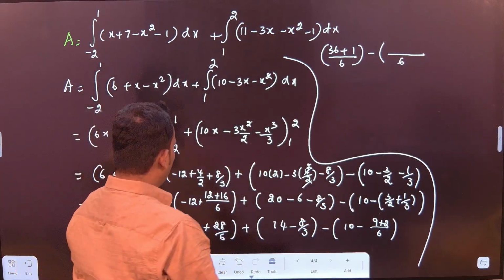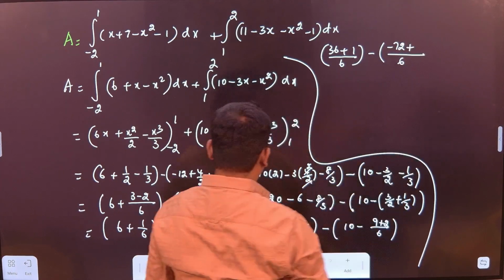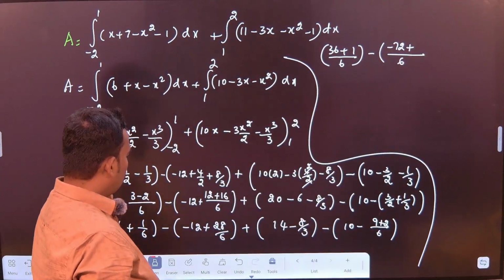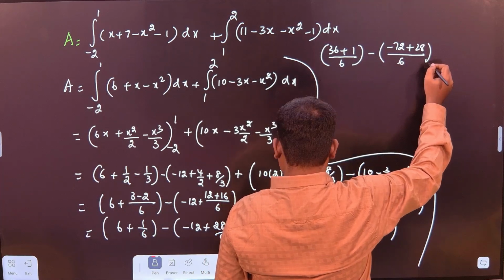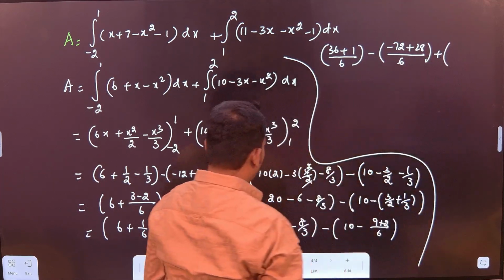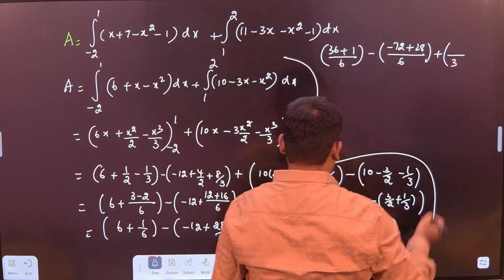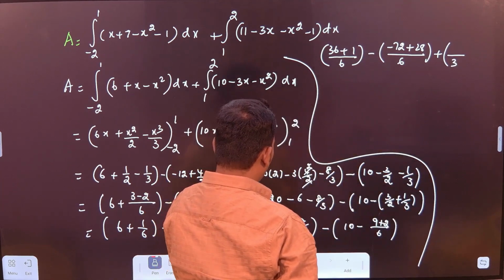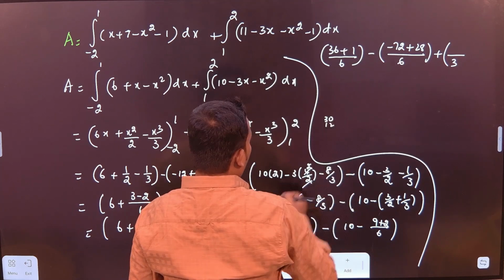Minus 72 plus 28, right? Plus 28 plus, here take the LCM is 3. So 14 into 3 is what? 42.